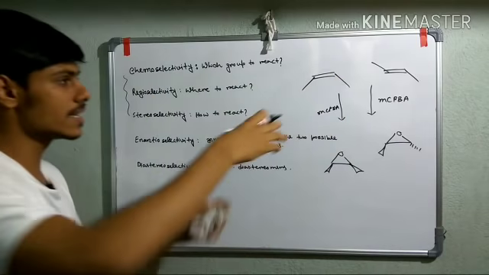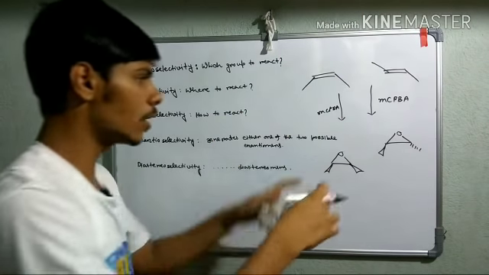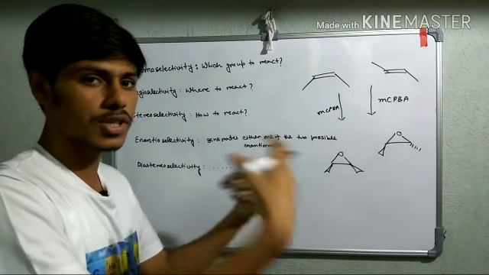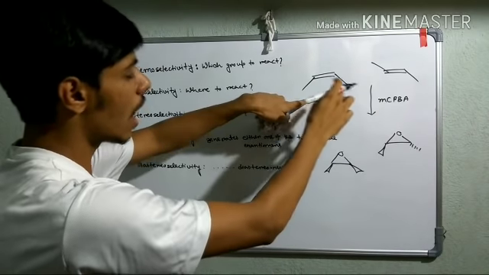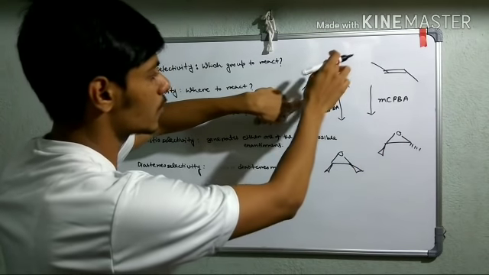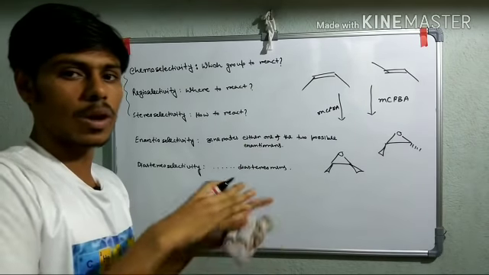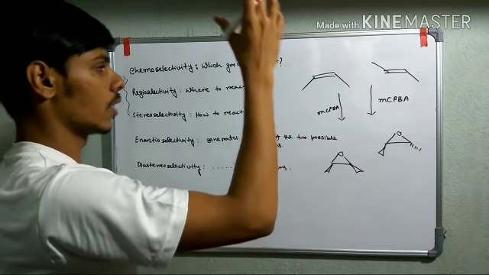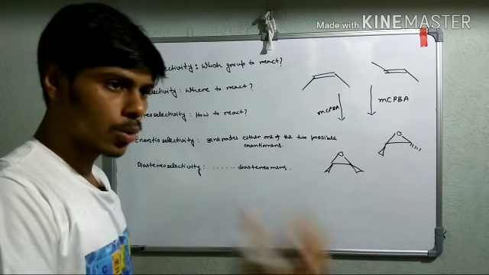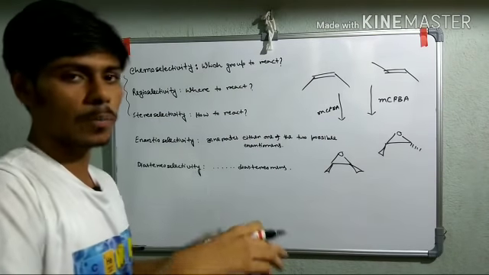In this case, the stereochemistry of the starting material will decide what will be the stereochemistry of the product. You can never get a trans epoxide starting from a cis alkene. Whether the cis is more stable or less stable, that doesn't matter. The thing which matters is the stereochemistry of the starting material.